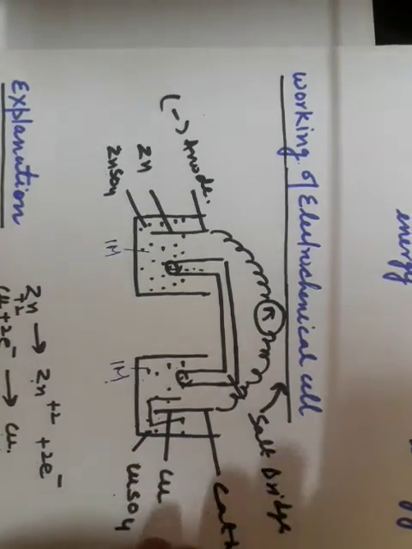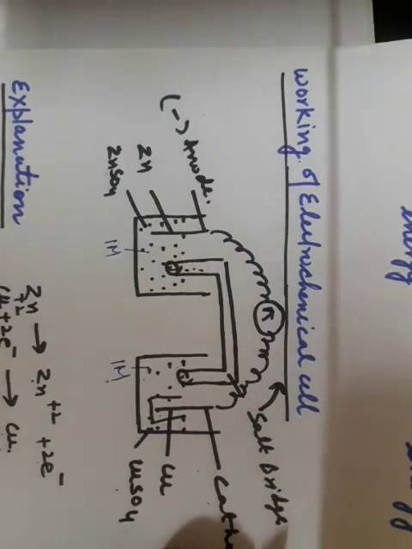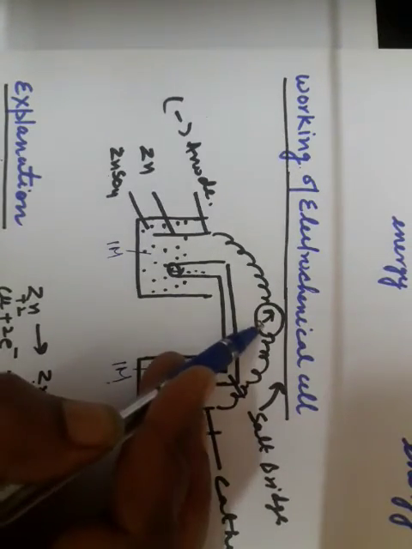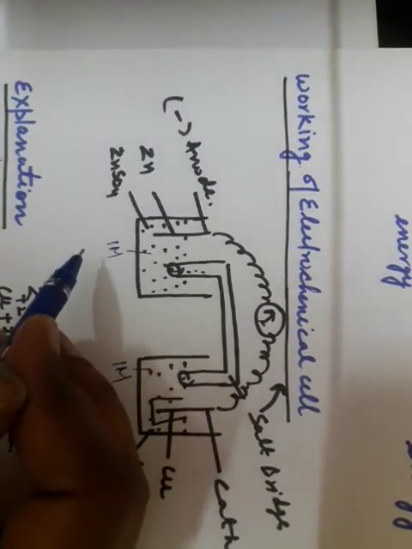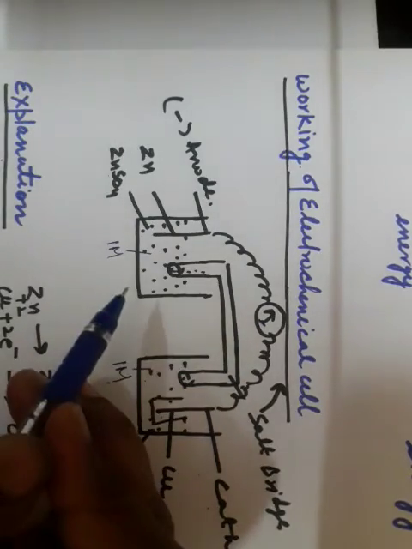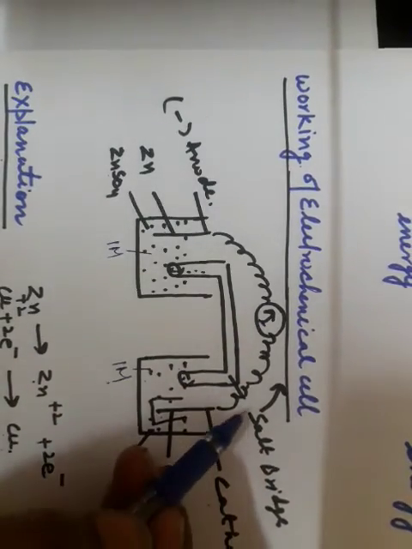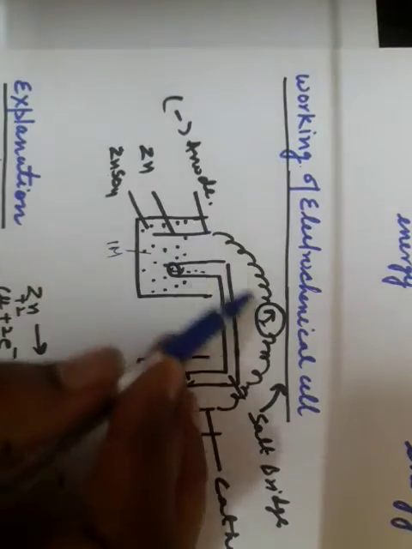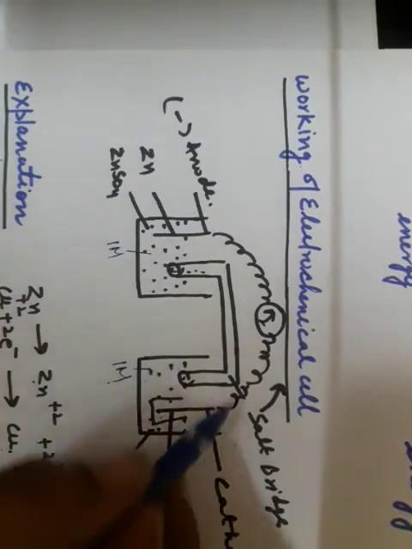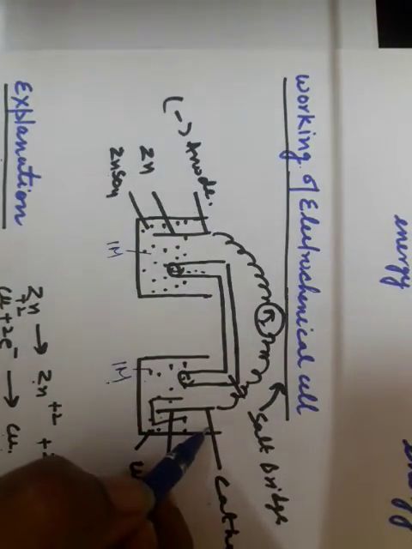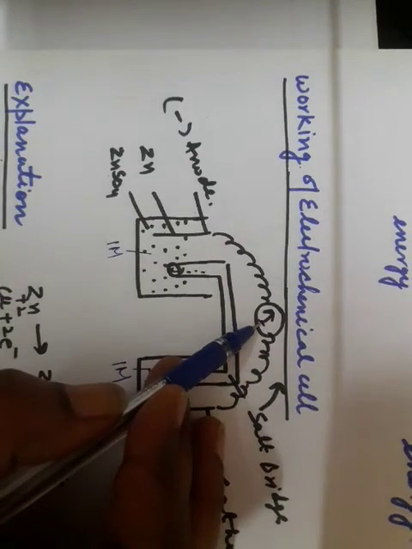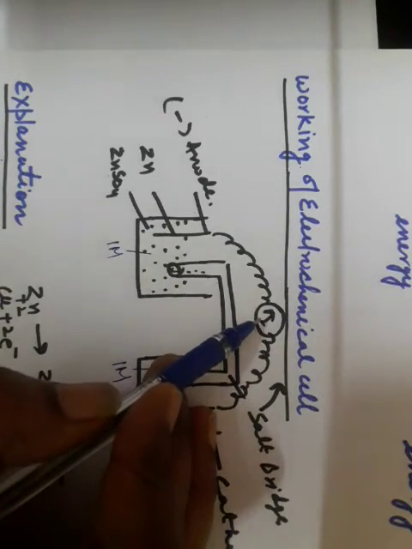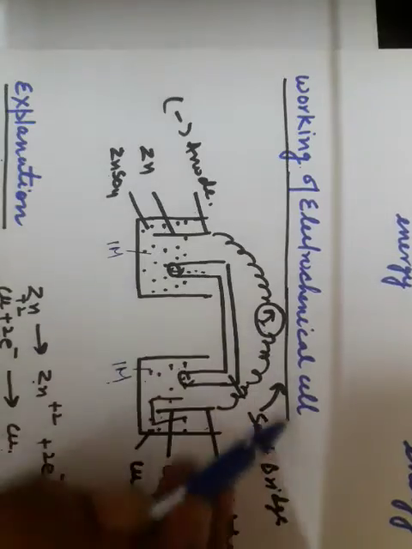As we all know, current always moves from positive to negative terminal. By this arrow sign, we find that the current is moving from positive to negative, and the anode is negatively charged and the cathode is positively charged.